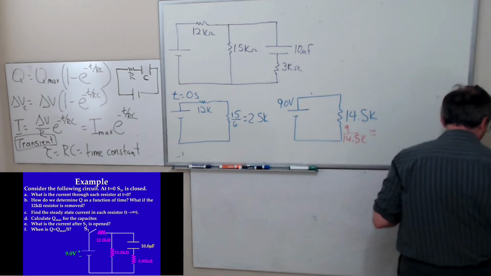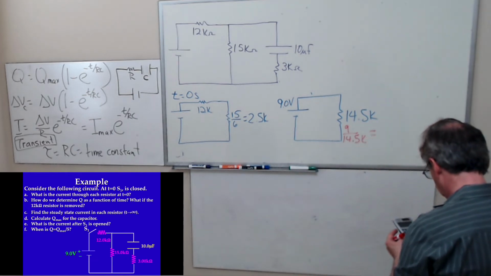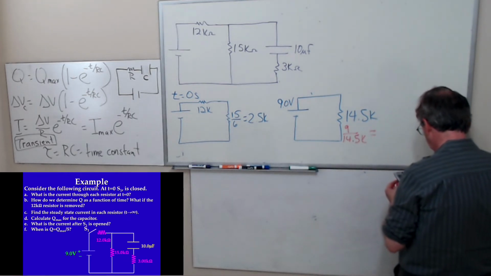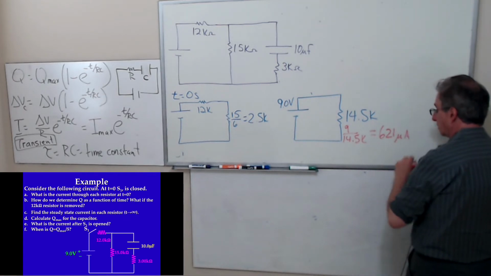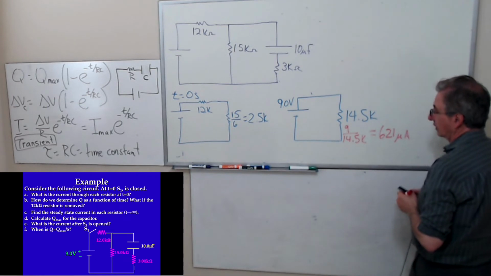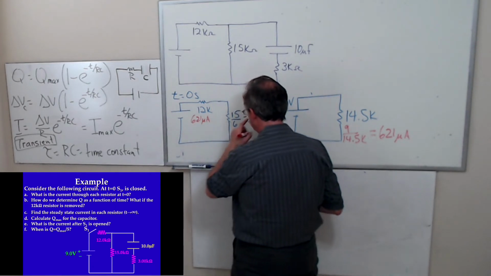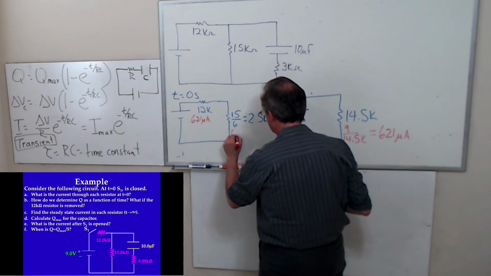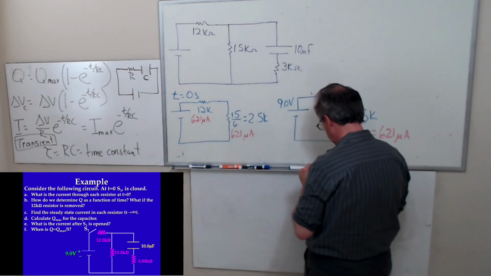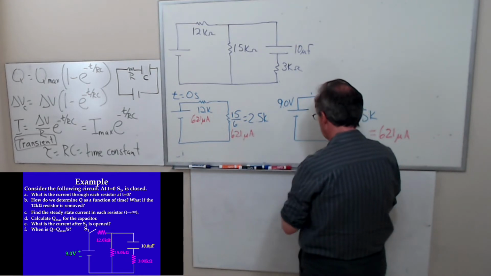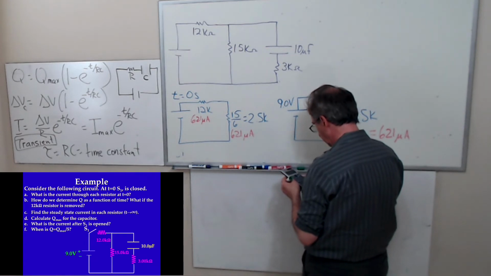Let me know if that's too small. And I think that comes out to 600 microamps. Hold on. 621 microamps. Okay, so I have 621 microamps here, and I have 621 microamps here. What's the voltage across that one? Voltage times current.